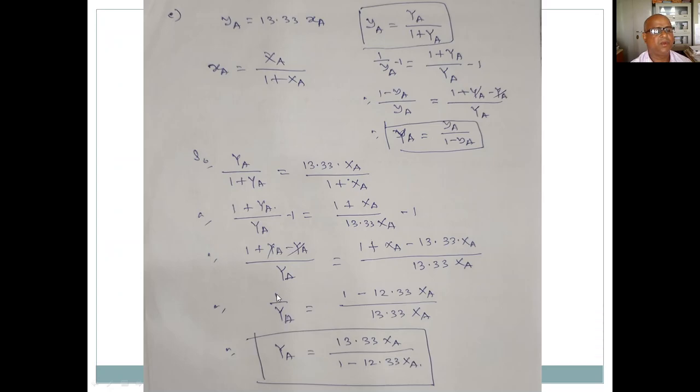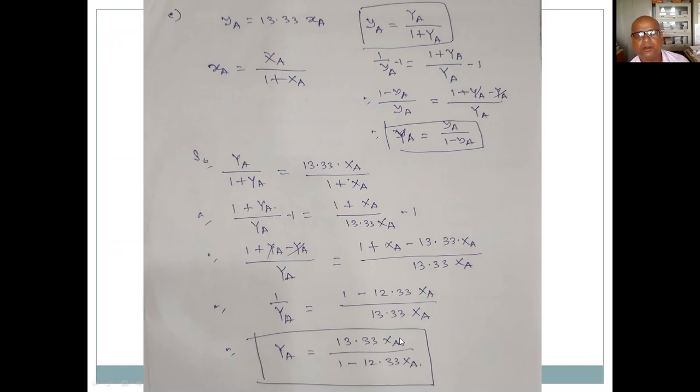So 1 by capital Ya equals 1 minus 12.33 Xa by 13.33 Xa. If I take the reciprocal, Ya equals 13.33 Xa by 1 minus 12.33 Xa. So this is the relation of Henry's law in terms of capital Y and capital X.